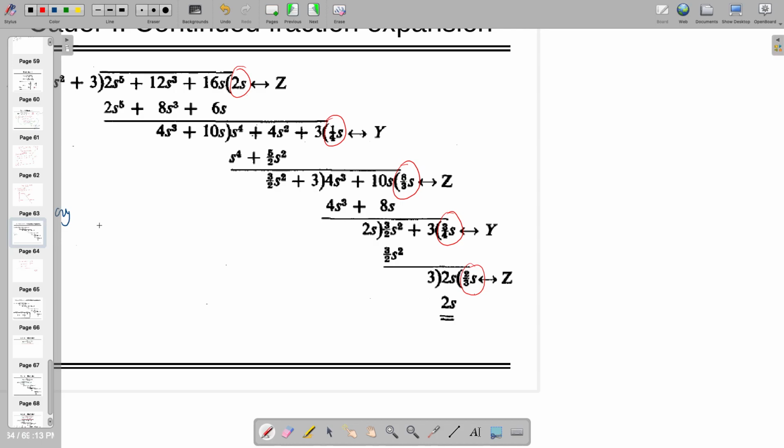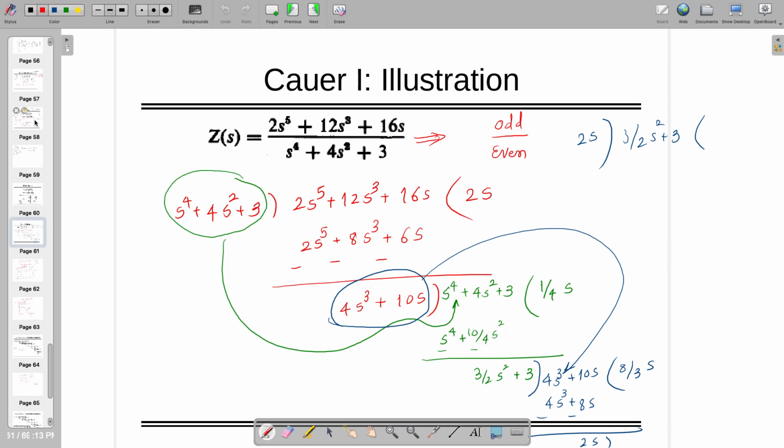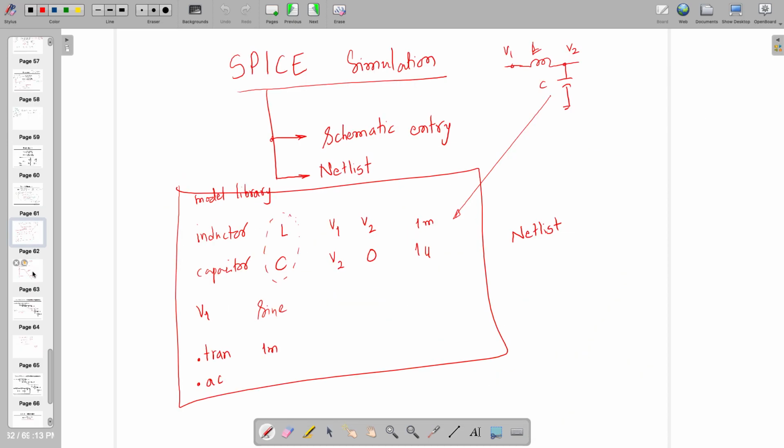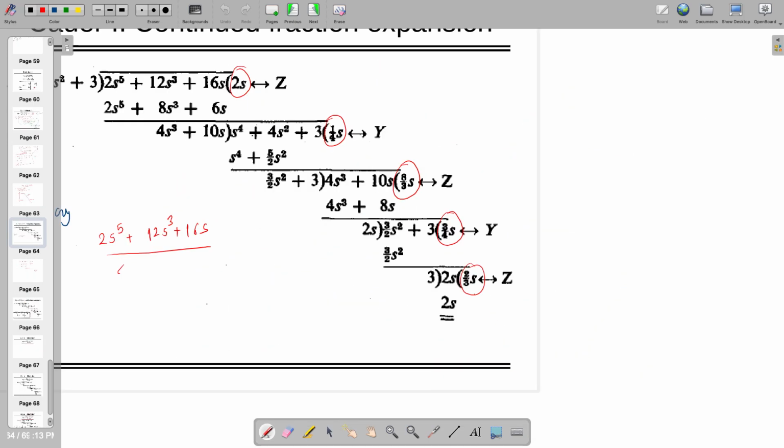So if I have (2s^5 + 12s^3 + 16s) divided by (s^4 + 4s^2 + 3), then using the continued partial fraction method, note that this is the method which we are using to find the equivalent Cauer 1 form of an LC circuit.